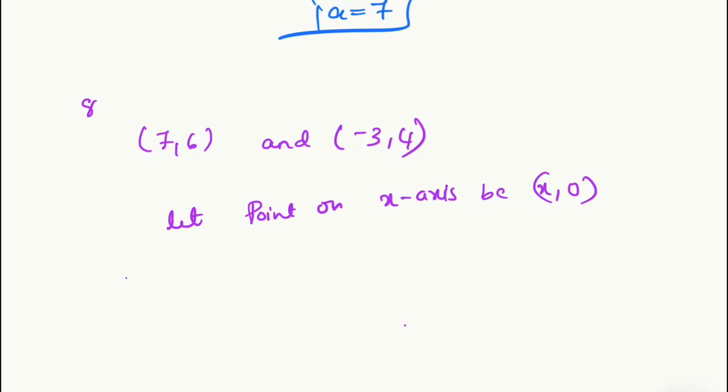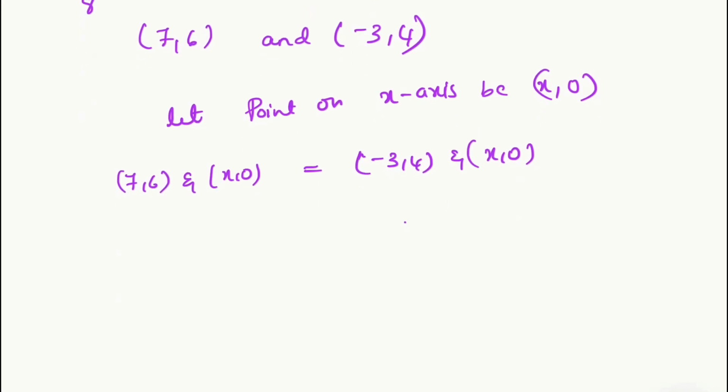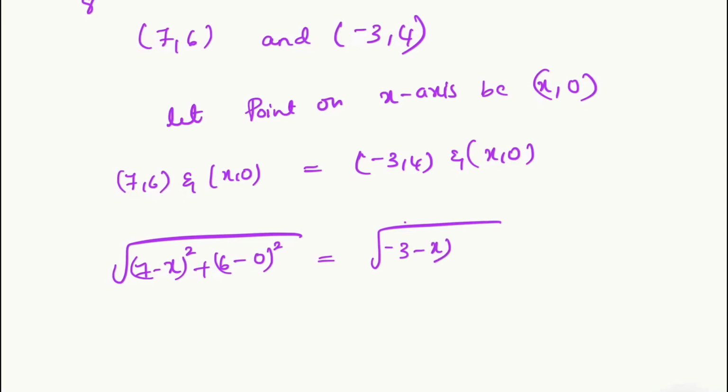Again, same way we are doing it. Distance between (7, 6) and (x, 0) will be equal to the distance between (minus 3, 4) and (x, 0). So it is root of (7 minus x) the whole square plus (6 minus 0) the whole square equal to root of (minus 3 minus x) the whole square plus (4 minus 0) the whole square.